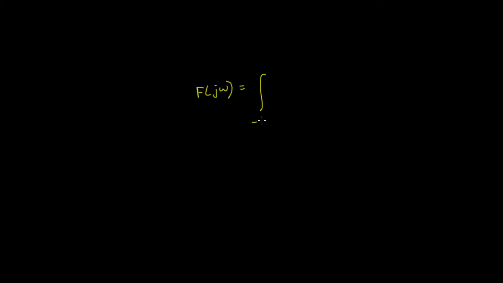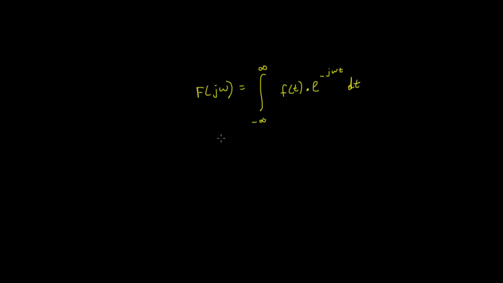Now I'll probably stop using the word approximate, because we know this is based on the idea of one function approximating another function. So we're transforming a function f of t and we're finding the frequency components of that function, e to the j omega t with respect to dt.